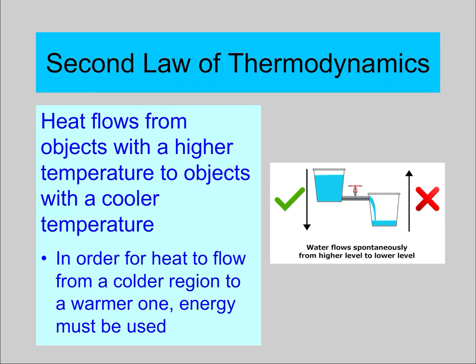In order to get water uphill, you have to have a tractor, a pump, diesel, a person carrying buckets of water. Water flows downhill. It does not flow uphill. And the same thing with energy. Heat energy is going to flow from higher to lower. And that's the second law of thermodynamics, which we've talked about already. We just didn't necessarily call it a law at the time.